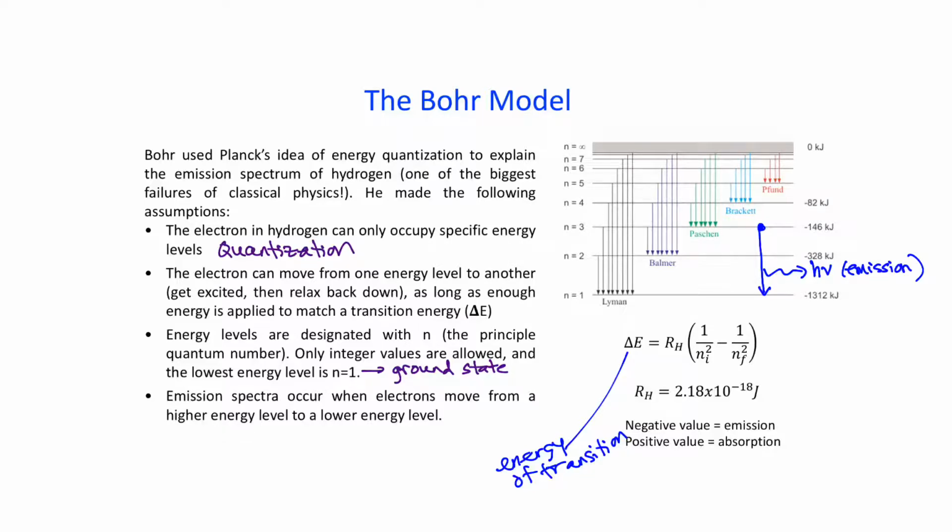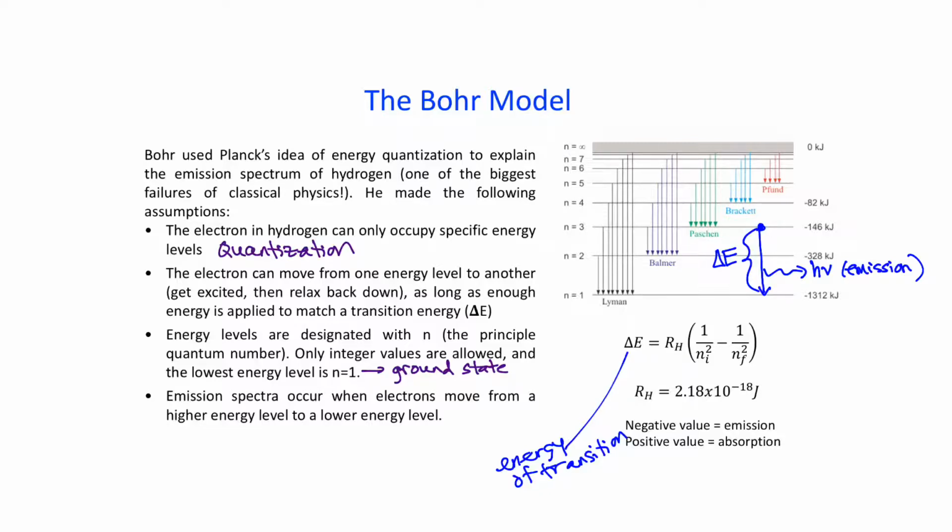Okay, so any transition, so from n equals 3 to n equals 1, from n equals 7 to n equals 2, those are all what we call transitions, and there's going to be a delta E associated with any of those transitions. So that's what we're talking about when we say delta E.